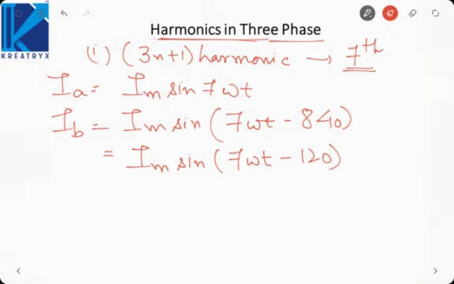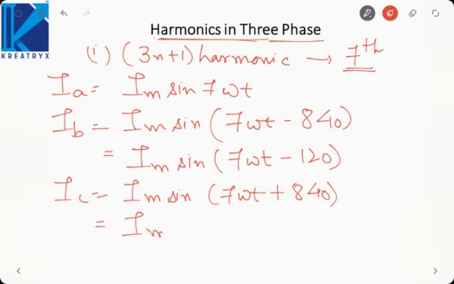So I have removed that 4 pi angle or 720 degree angle because it does not make a difference. IC will be Im sin 7 omega t plus 840 because plus 120 into 7. Again it can be written as sin 7 omega t plus 120 degree.